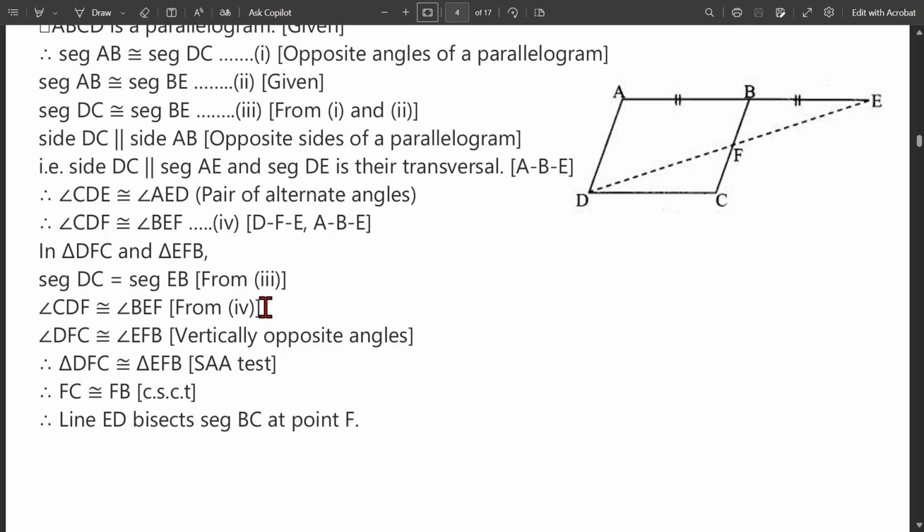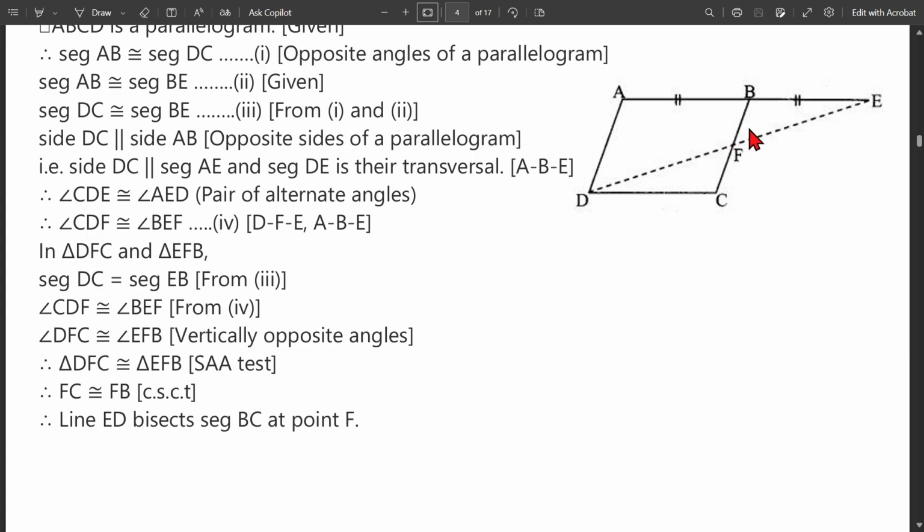From equation number 4 above, angles CDF and BEF form a pair of alternate angles. And angles DFC and EFB are vertically opposite angles. Therefore, these two triangles are congruent by SAA test.